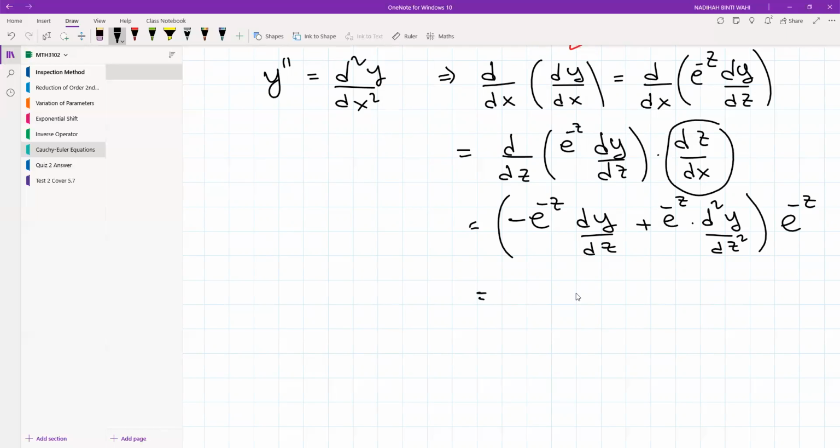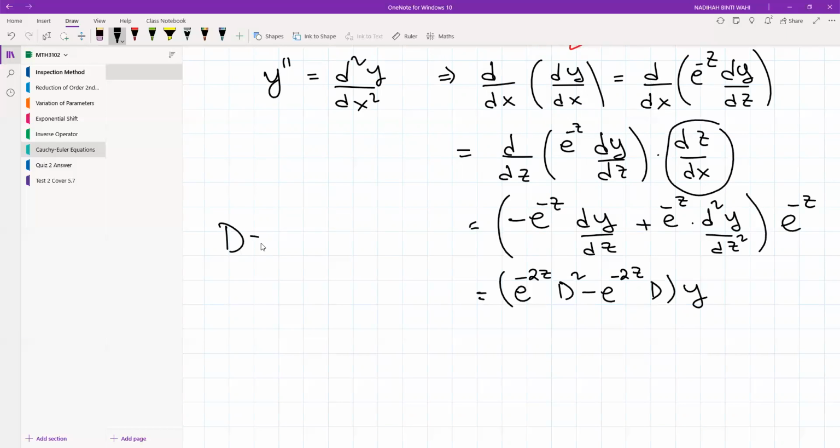If I simplify this, I get e to the minus 2z times D squared minus e to the minus 2z times D, times y.